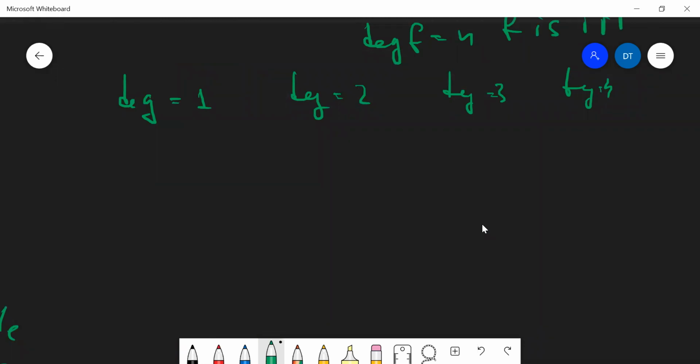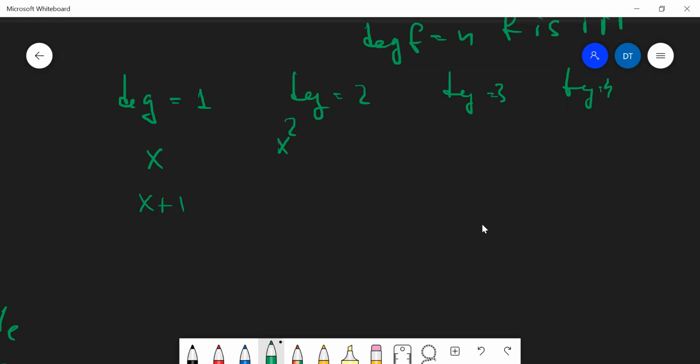What are the polynomials of degree 1? These are just x and x plus 1. And that's it. There are no other polynomials. Are we working with Z2? Yeah, we're working with Z2 in this particular example. Now, what are the polynomials of degree 2?